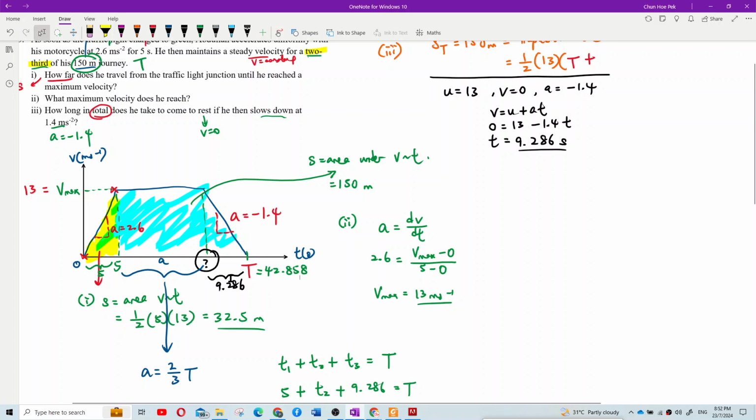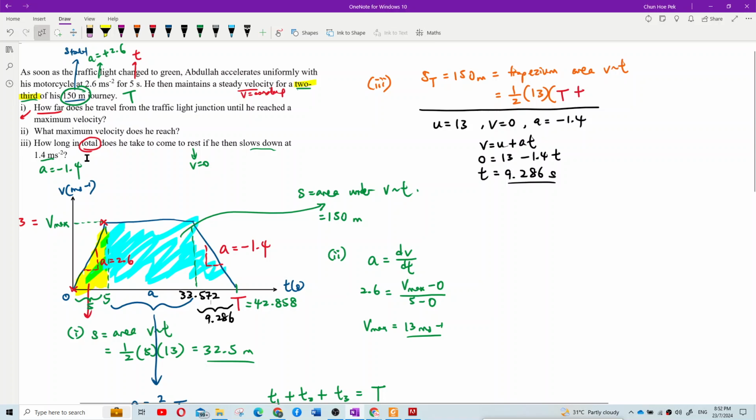So tolak 9.286. So I got the time here. This is 33.572. Okay, so you now can easily find how long does it. Hey, wait. Just ask for the total time, isn't it, class?